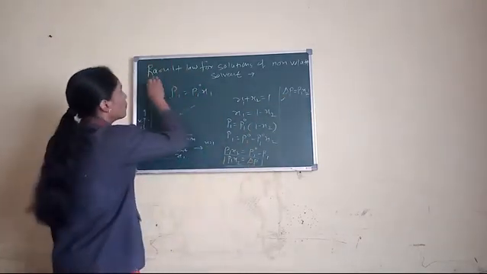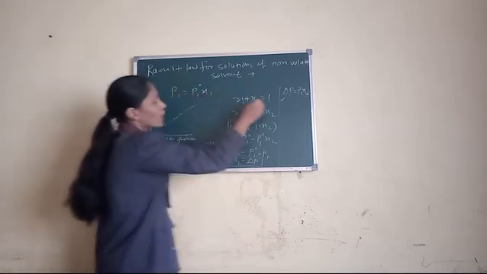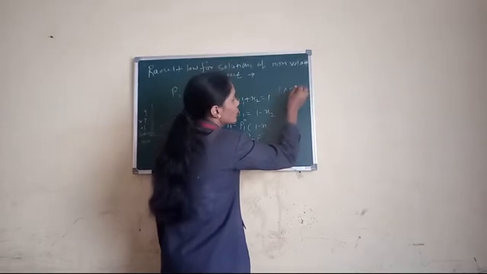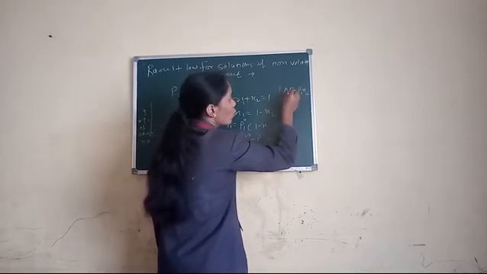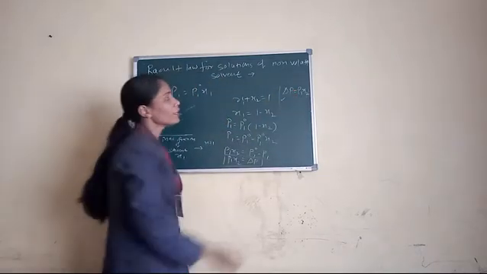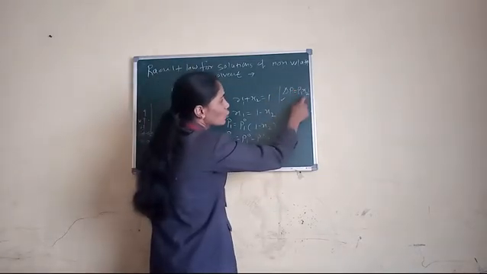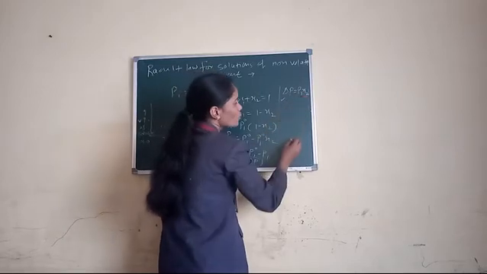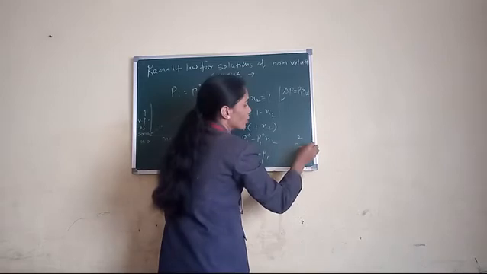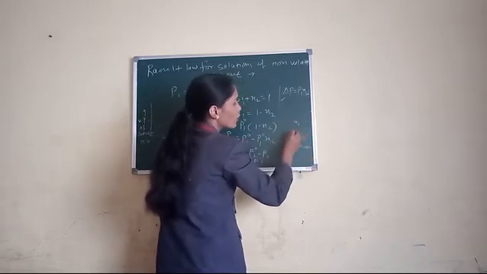Here, by Raoult's law, we can prove that delta P, the lowering of vapor pressure, is a colligative property because it depends on X2. X2 is the mole fraction of solute; 2 is denoted for solute and 1 for solvent.